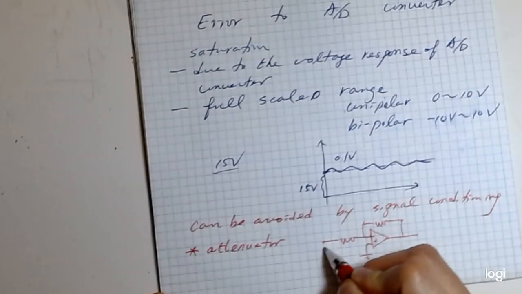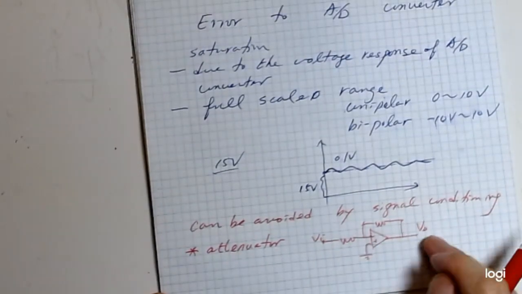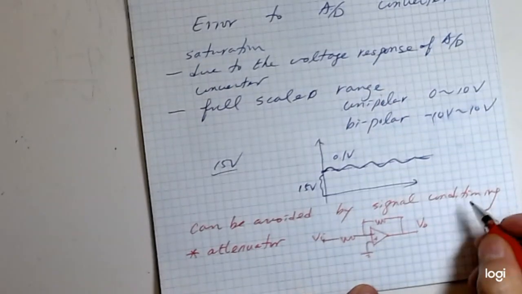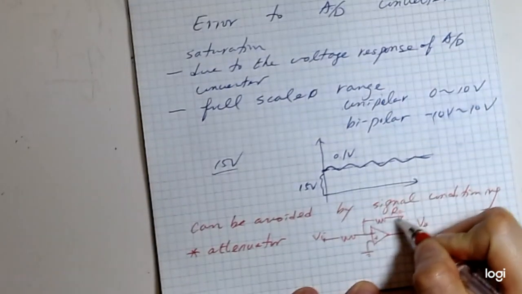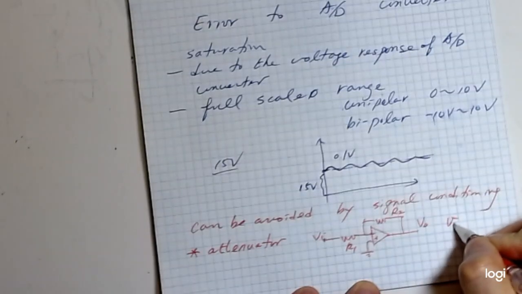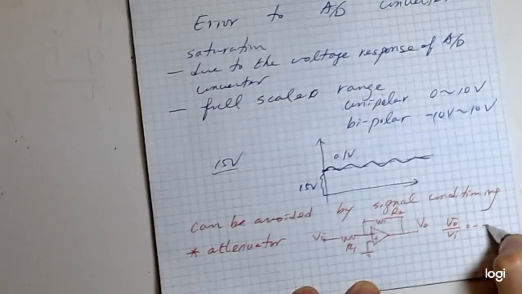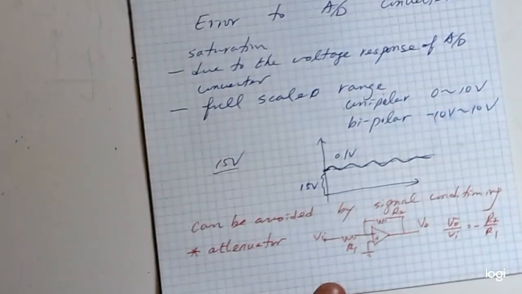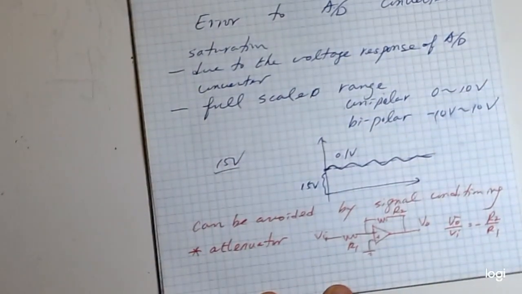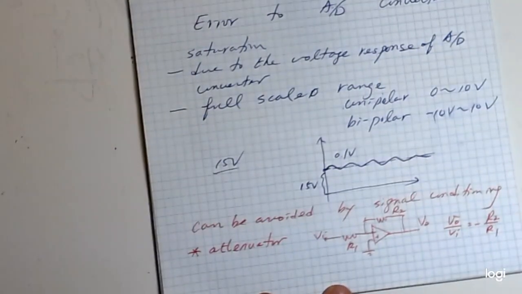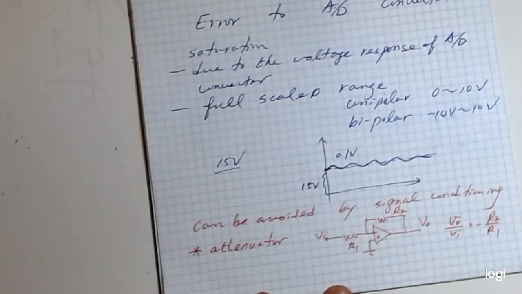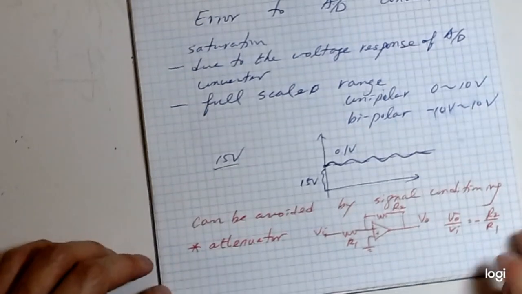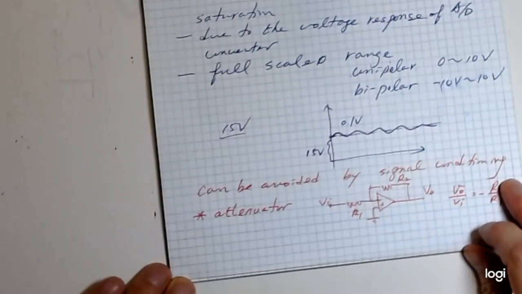If you remember, V in, V out, the transfer function will be minus R2 over R1. If it's too big, just make this ratio R2 over R1 small, and we call this an attenuator. But if you make R2 greater than R1, we call it an amplifier. It just depends on the values of R2 and R1.